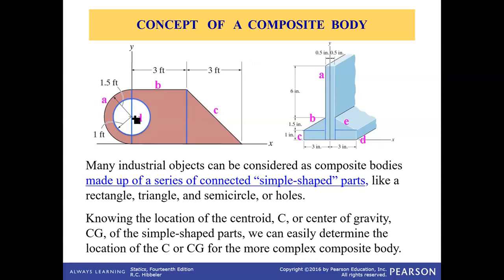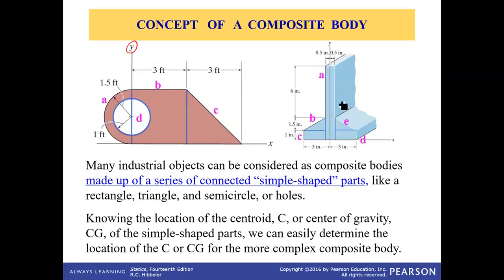If this whole object is our part, then we can simplify it by a part made up of a square shape, a triangular shape, two semicircular shapes, and one circular hole. So to find the overall centroid, we need to find the centroid for each one of these shapes separately in terms of the xy coordinates, and then apply that sigma equation.